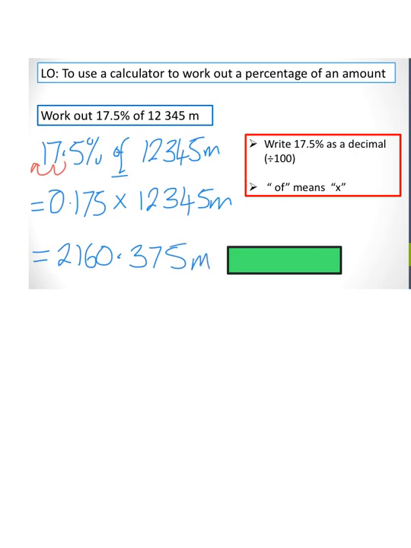Now, it hasn't specified the accuracy of your answer, so you could do it to 1 or 2 decimal places. So 2 decimal places would give us whole centimetres. So that would be 2,160.38 metres.